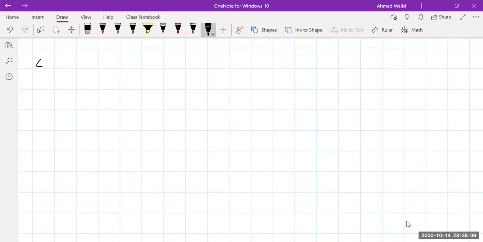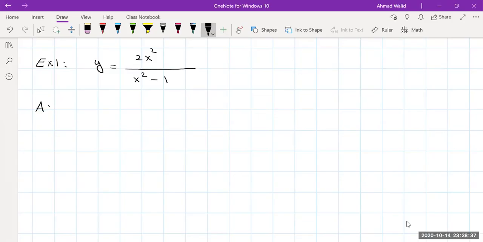Example number 1. y equals, or f of x equals 2x squared over x squared minus 1. This function is given to you. They are asking you to sketch the graph.